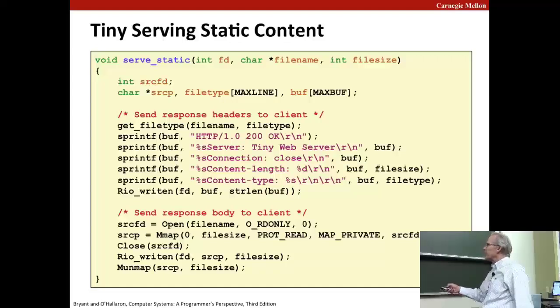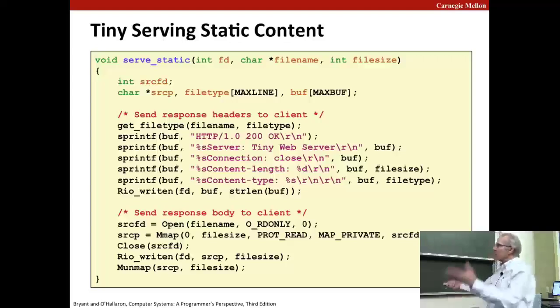It just avoids one step of buffering. So all it does is map from the operating system where this particular file is located, and then writes that. So now it's sending it off to the client.